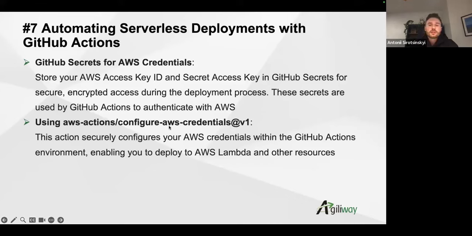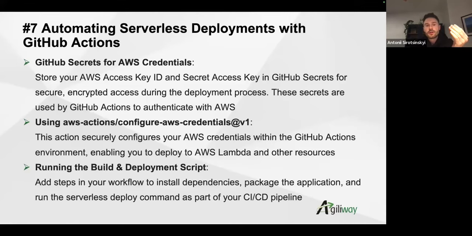This action will actually log you into AWS. It will assume the role we have created as a prerequisite for this, and it will be deploying your resources using that role. And of course, you have to install some dependencies, the same way you have done locally.